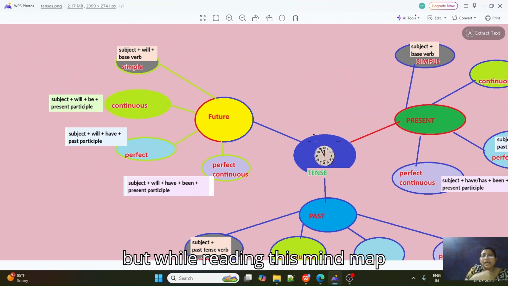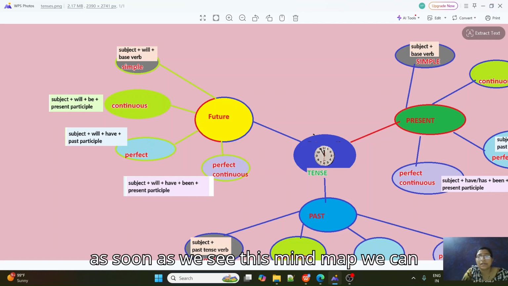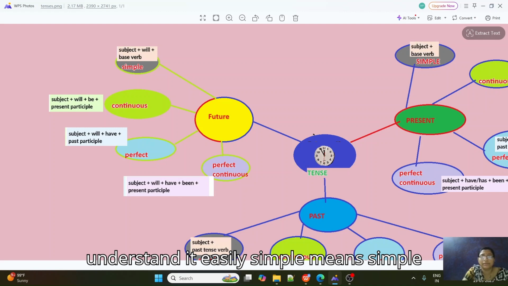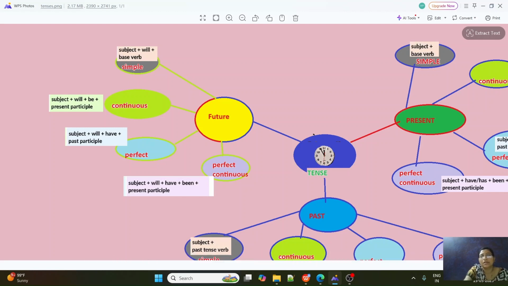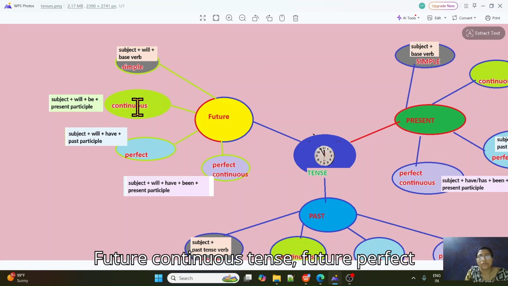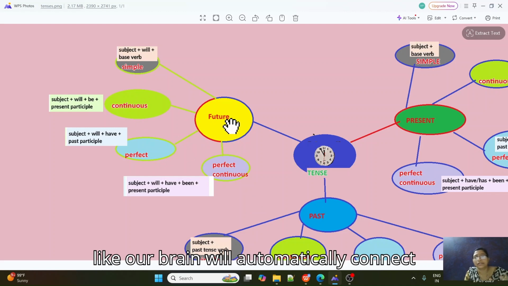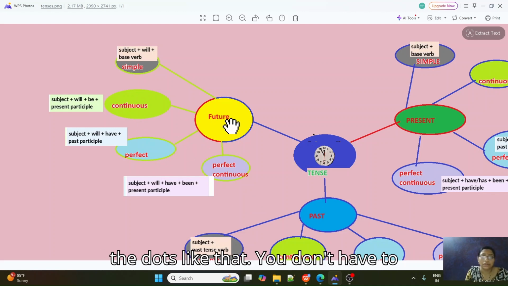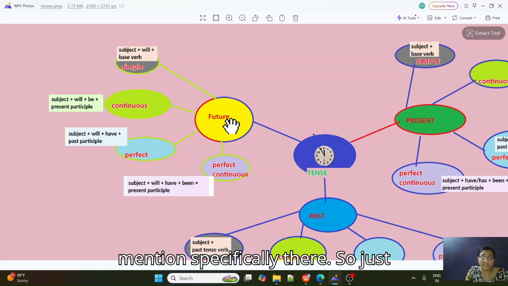But while reading this mind map, as soon as we see it, we can understand it easily. Simple means simple future because it is all simple future tense, future continuous tense, future perfect. Our brain will automatically connect the dots like that. You don't have to mention it specifically there.